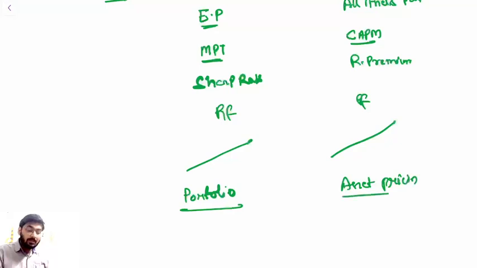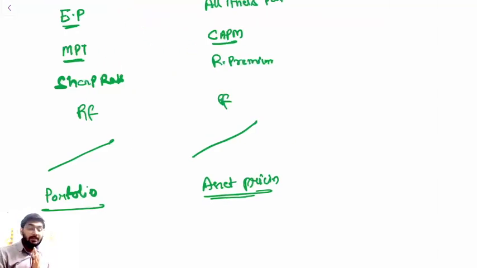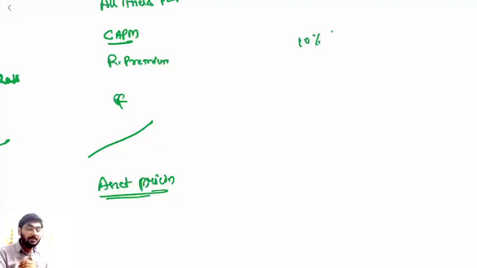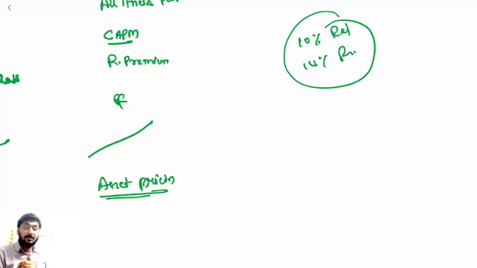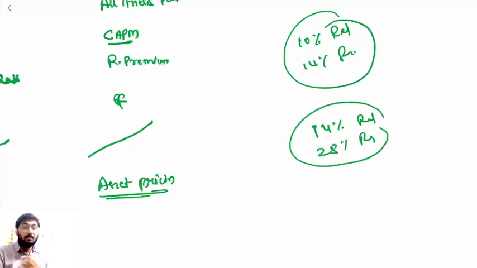Sir, what should be the price of the asset? That will be defined based on the expected risk and expected return of that particular asset. Means if this particular asset is giving me 10% return and 14% risk, what should be the price of that asset? Similarly, if this asset is giving me 14% return and 28% risk, what should be the price of that asset? So SML is used for asset pricing, CML is used for portfolio selection.